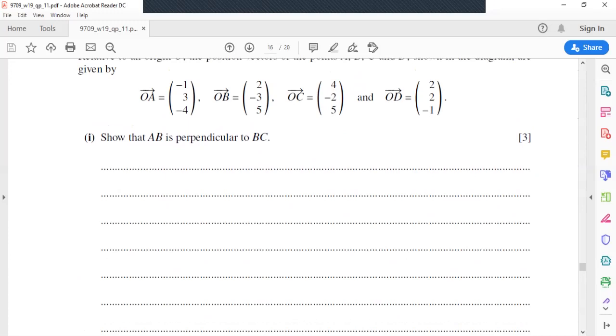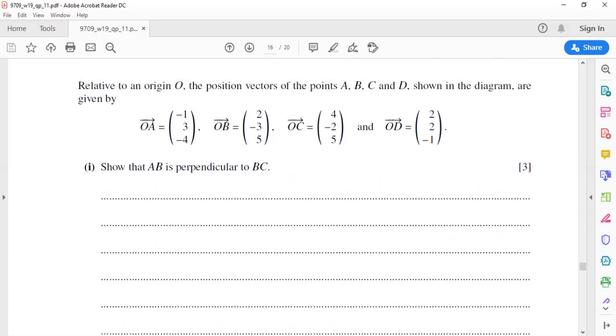So we have some values. AB is 3, minus 6, and plus 9. DC is going to be minus 2, plus 4, and minus 6.